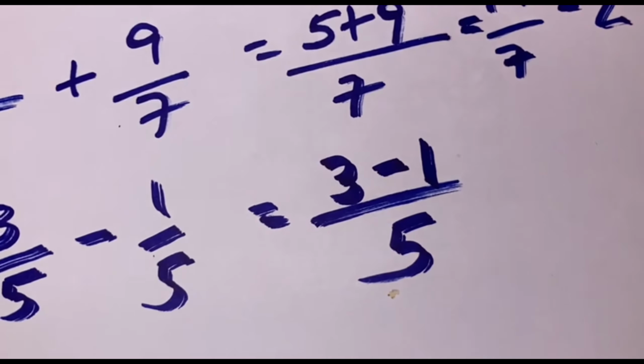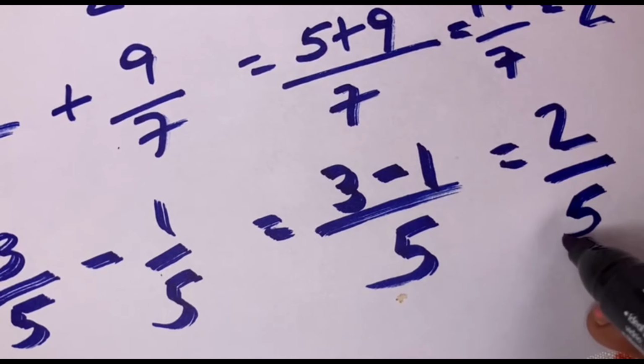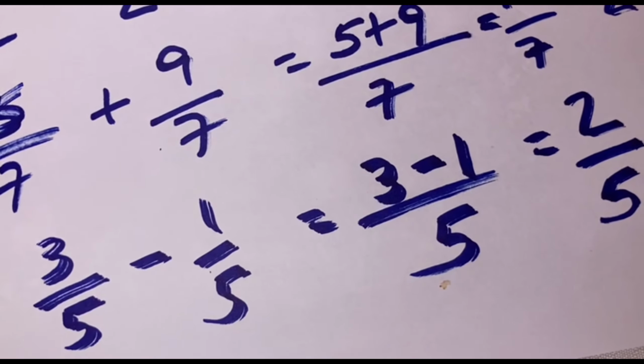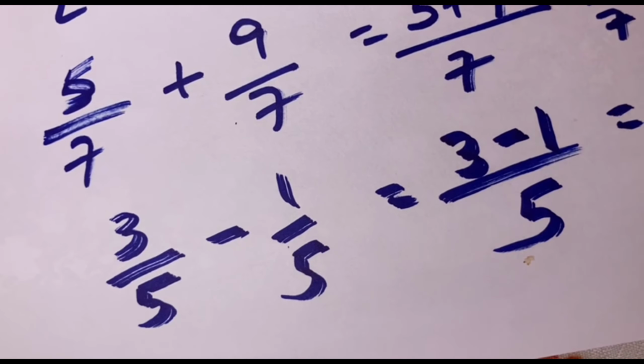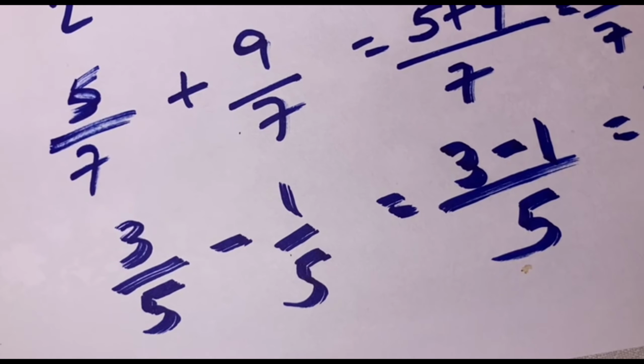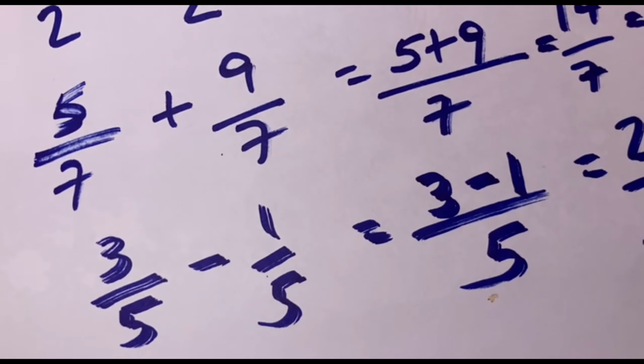So 3 minus 1, it will be 2 over 5. So adding and subtracting with the same denominator is very easy. Just take one of them and calculate based on the numerators.